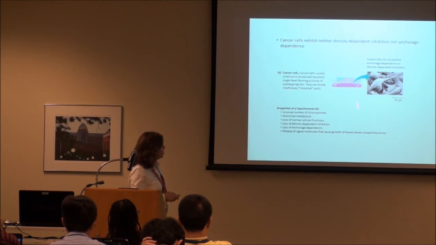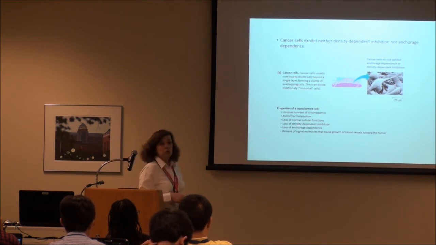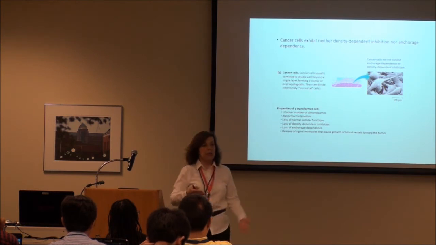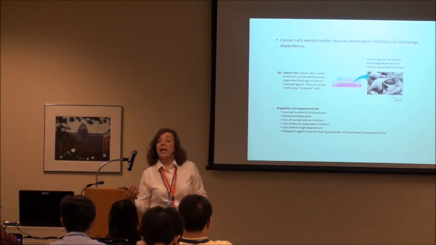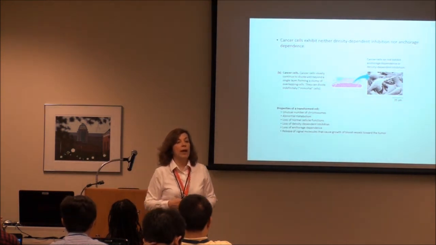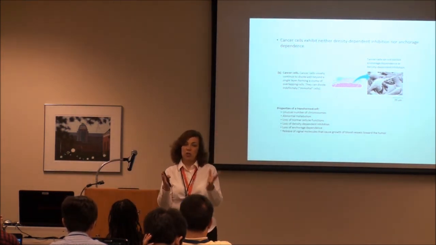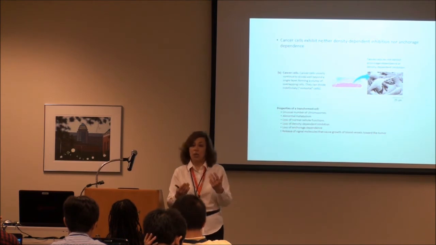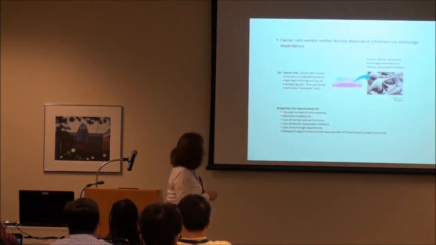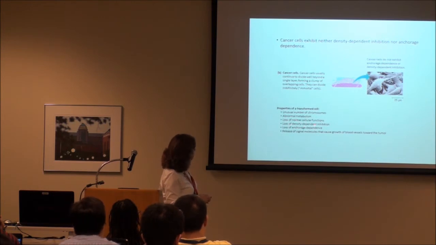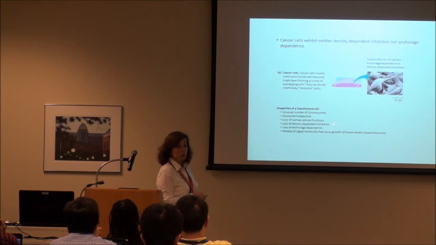So the main property of these transformed cells is the unusual number of chromosomes. We'll see that the underlying change in that transformed cell is actually the change in genetic material, the change in the chromosomes. That causes abnormal metabolism. There is loss of normal cellular functions, loss of density-dependent inhibition, loss of anchorage dependence.